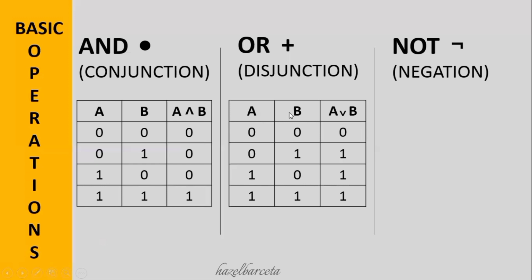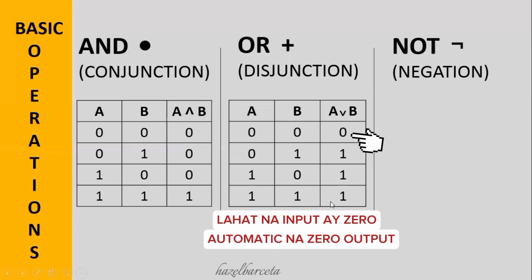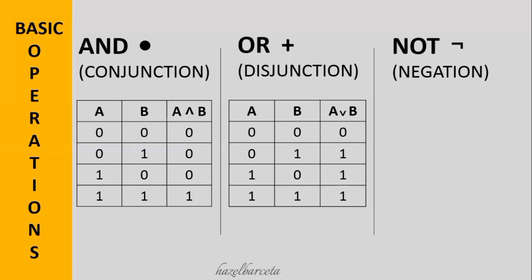Kasi kapag madami po yung ating variable, mas madali po na hanapin po natin yung lahat ng inputs ay 0. And automatic 1 na po yung ating output. Tapos the rest na may 0, may 1, may 0, may 1, automatic na 1 na po yun. So hindi na po tayo masyadong malilito.